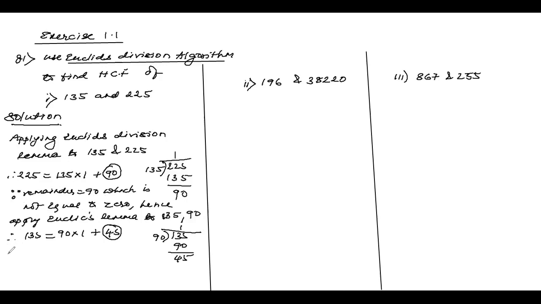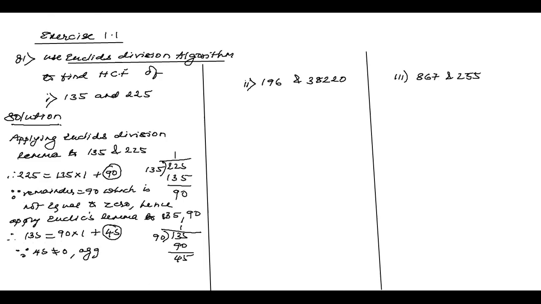Therefore, again here, since remainder is 45, okay, not equal to 0. Again applying, I'm so sorry, children.